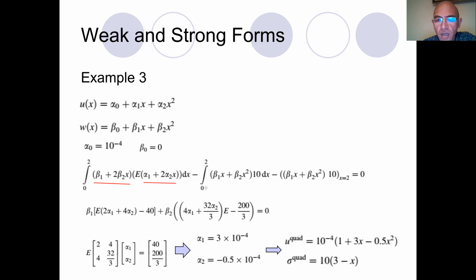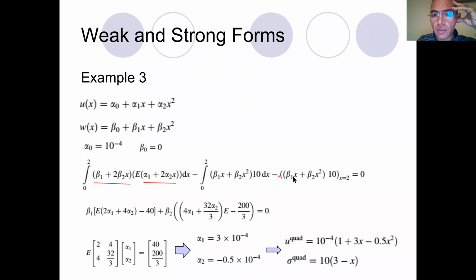Identically, I have the distributed loads or source terms. In other words, now I have the weight function multiplied. So beta 0 is 0. It is beta 1x plus beta 2x squared multiplied with 10, and I integrate it from 0 to 2.